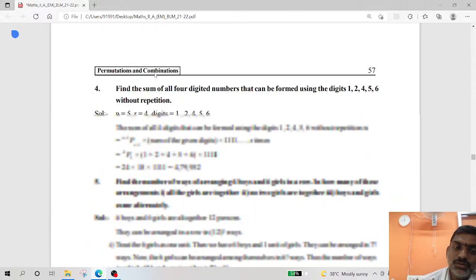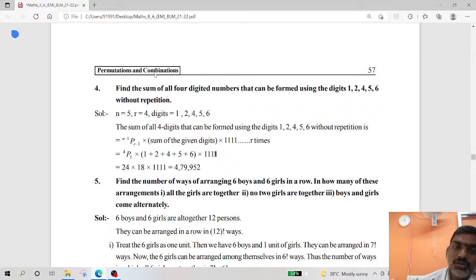Next, question number 4. Find the sum of all 4-digit numbers that can be formed using the digits 1, 2, 3, 4, 5 without repetition. Here zero is not present in the given digits, so directly we can use the formula: n-1 p r-1, times the sum of the digits, times 1, 1, 1 and so on. So here total number of given digits are 1, 2, 3, 4, 5. 5 digits are given, 4 digit numbers are required.